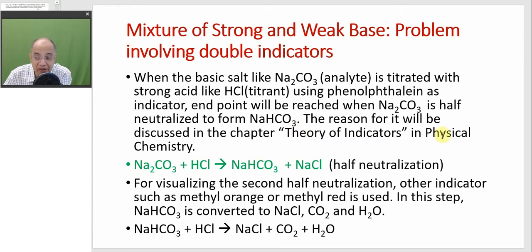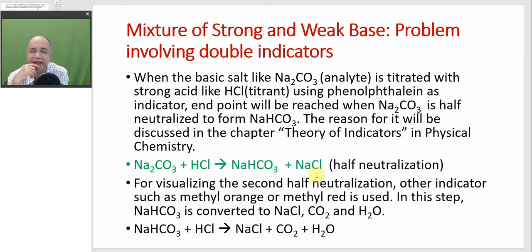The reason for this will not be discussed in this lecture. It will come in the theory of indicators. I would not like to complicate your mind by explaining the theory of indicators now. It will be discussed in detail in the equilibrium chapter.